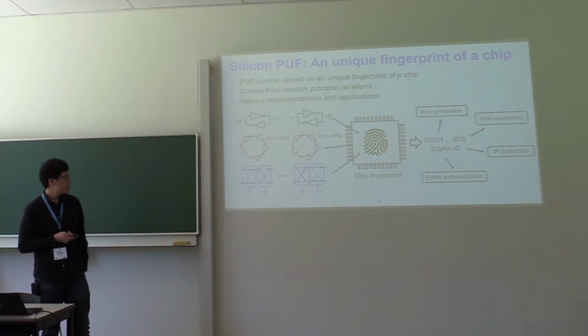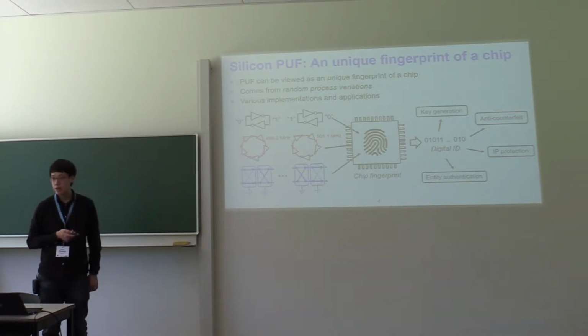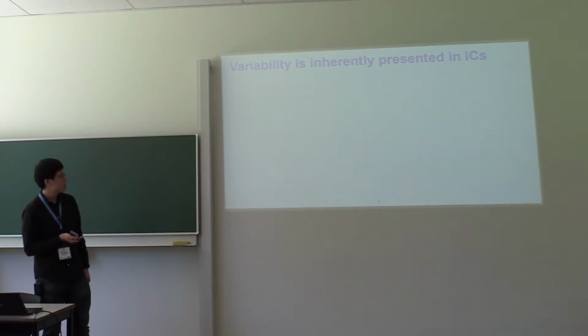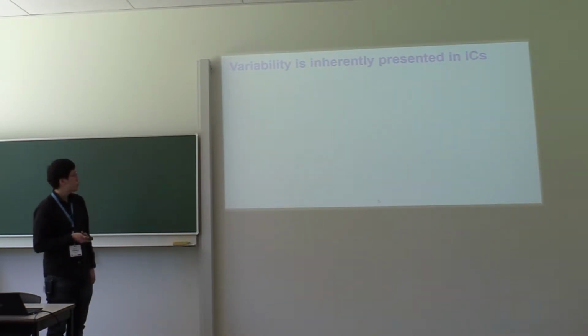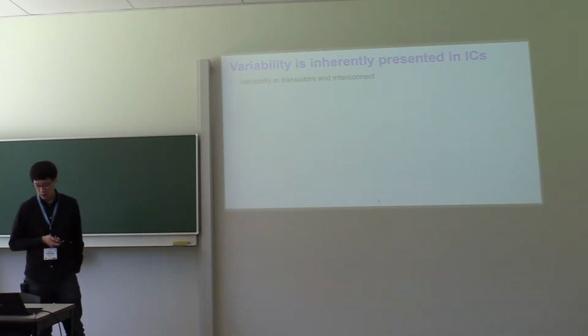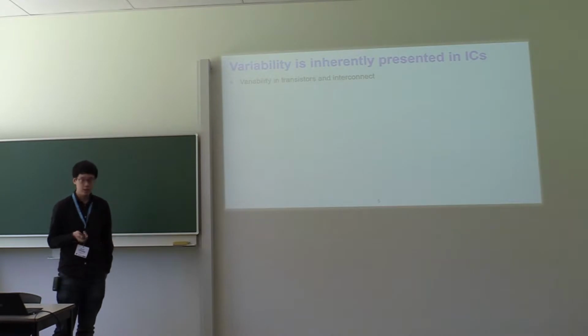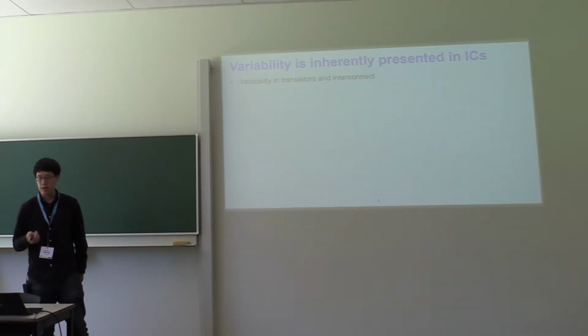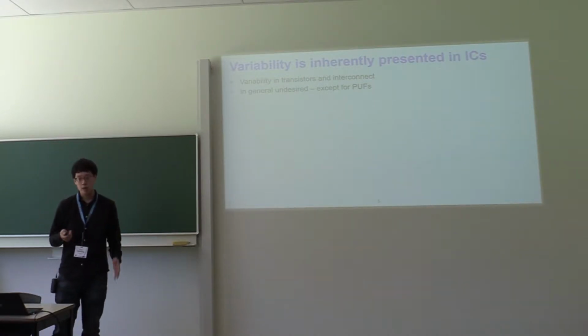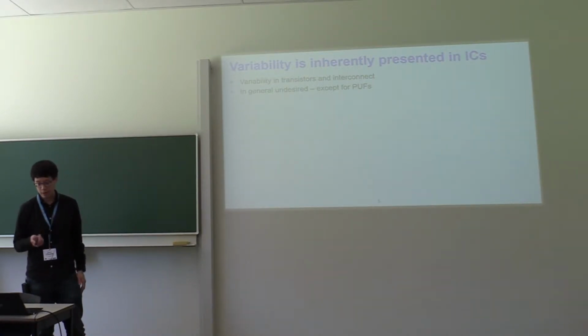So first, let's see how the variability comes into these digital CMOS circuits, these ICs. It's inherently present in all the ICs. There's variability in transistors, and there's variability in the interconnect of these transistors. In general, they are undesired for most circuits, but not for PUF.